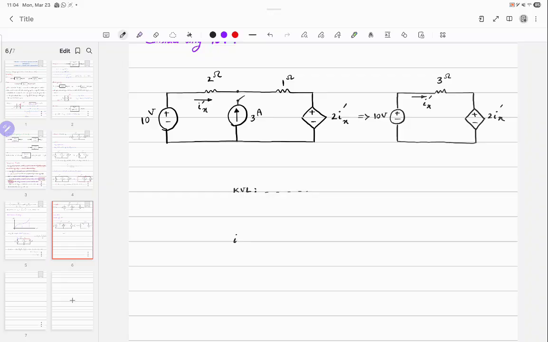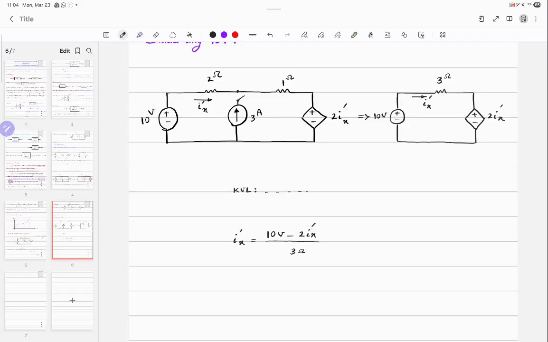So do you agree with this or no? Can you tell me what kind of a law is that?